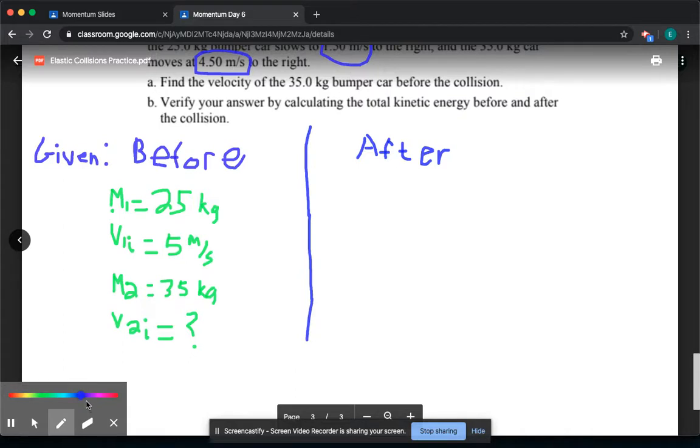So the masses remain the same. M1 is again 25 kilograms. That doesn't change. What does change is its velocity.